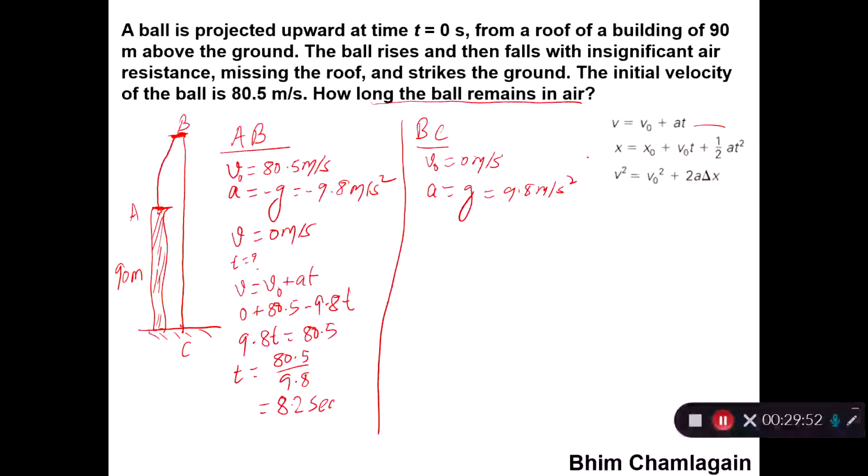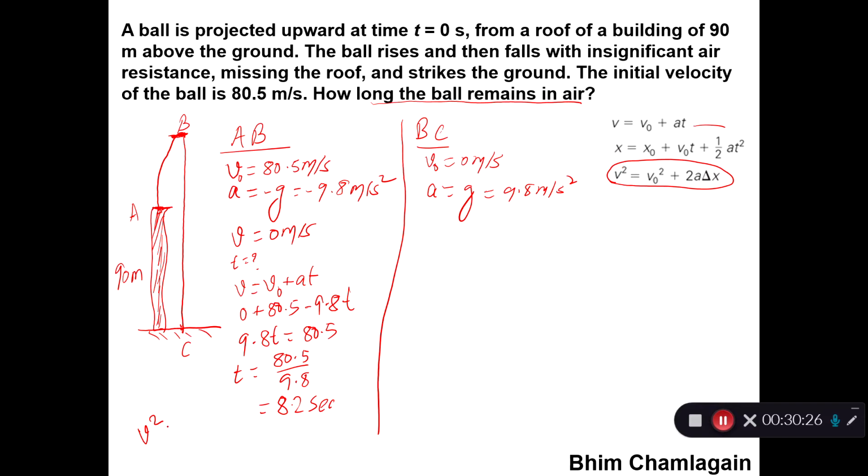So let's calculate the height from B to C by using the information from the first section. From A to C is the height of the building, which is 90 meters, given. So let's calculate the distance from A to B from the first section. If you use the third equation of motion, V squared is equal to V naught squared plus twice A delta x.